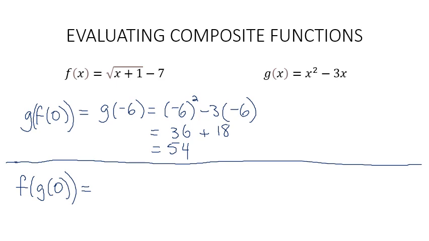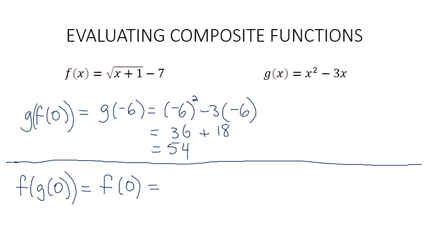So in the other order, f of g of 0, we're going to start with the inside function g and replace the x with 0. g of 0 is equal to 0 squared minus 3 times 0. That's 0. So we want to find f of 0. g of 0 was 0, so f of g of 0 is f of 0. f of 0 means we replace this x with a 0.